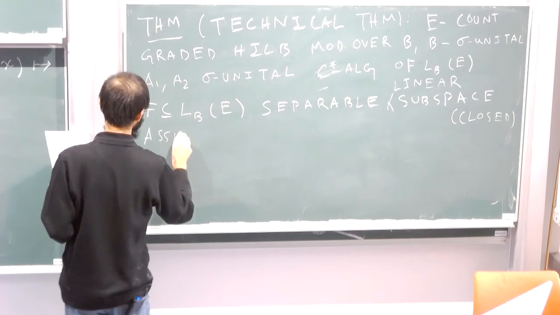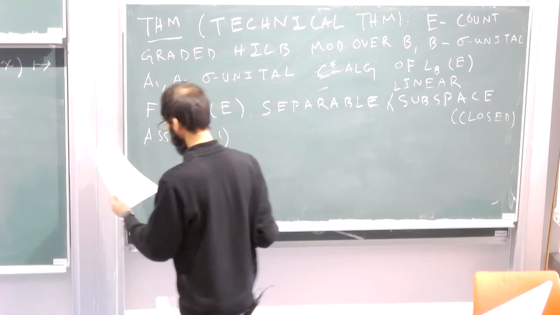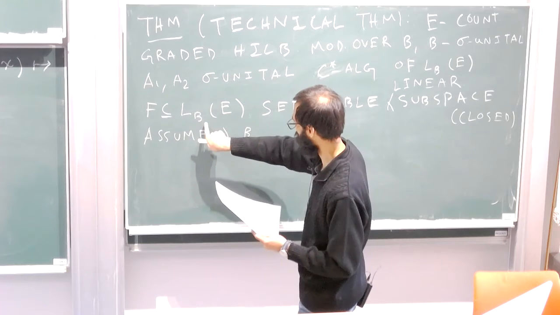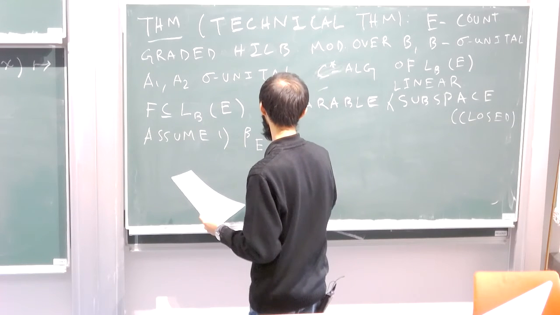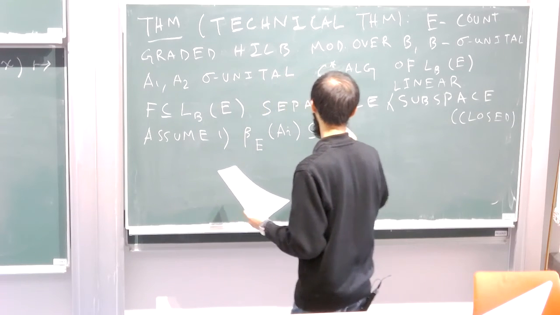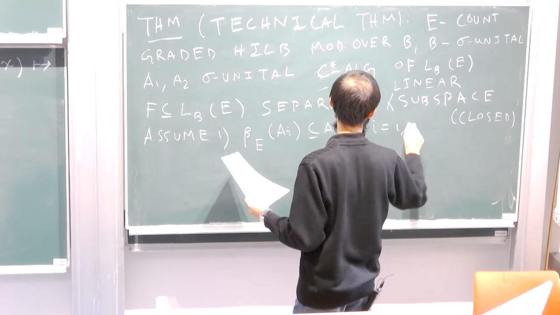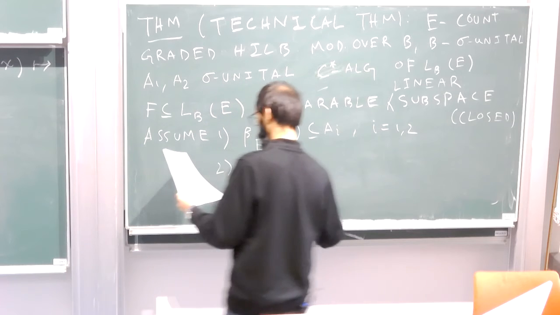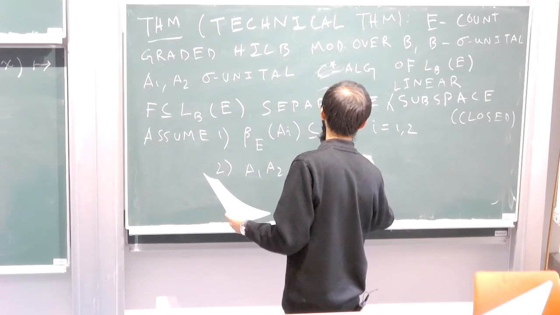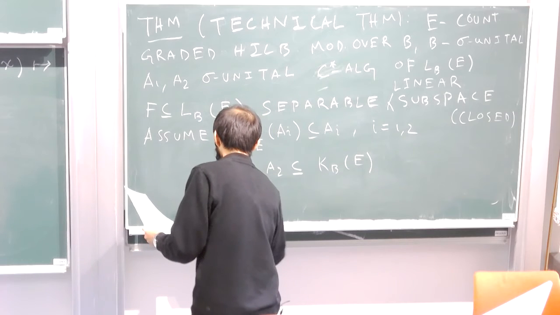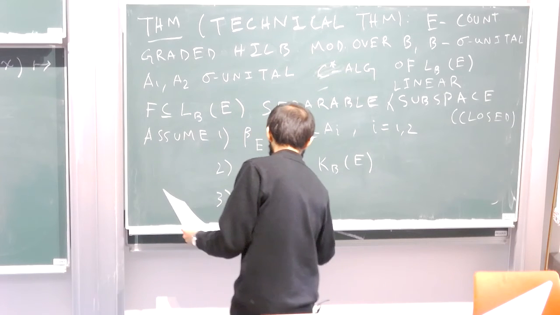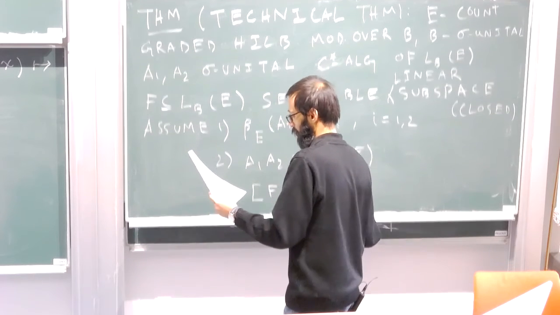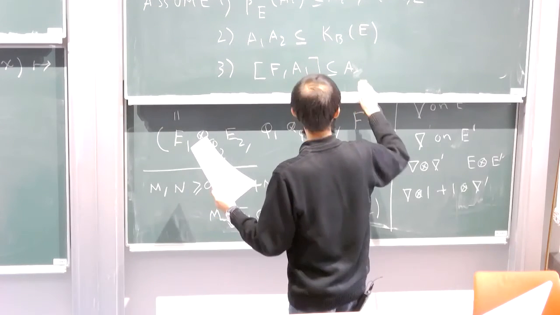Furthermore, assume, so I write the induced grading on LBE by beta E. It takes Ai inside Ai, i from 1, 2. If you multiply A1 and A2, it becomes small and it derives well. Okay, sorry, this is A1.